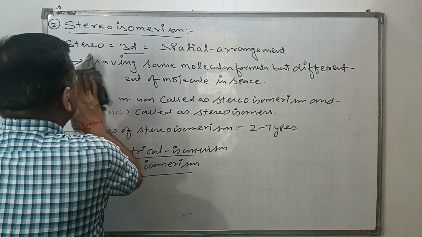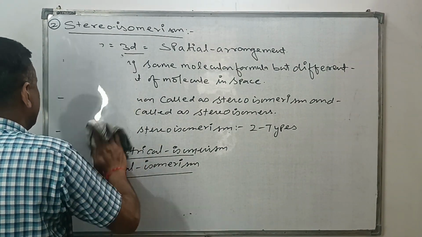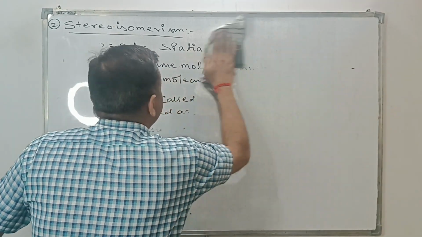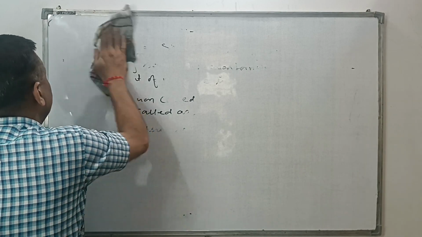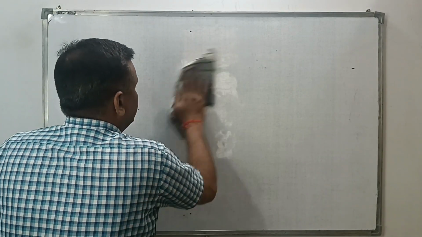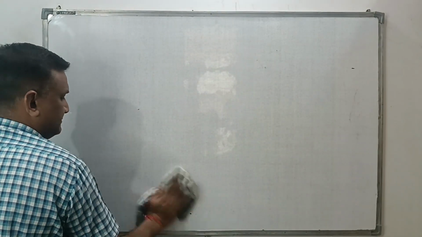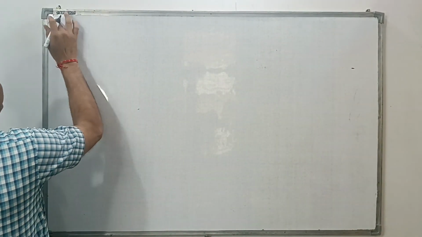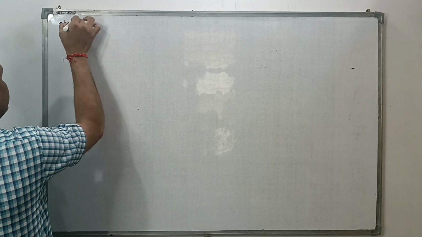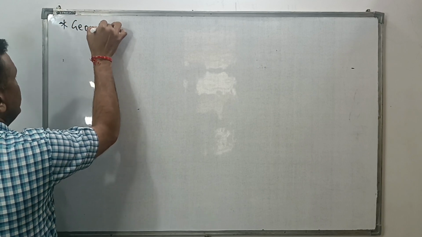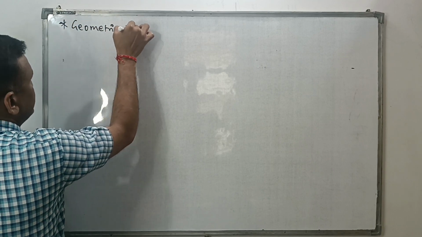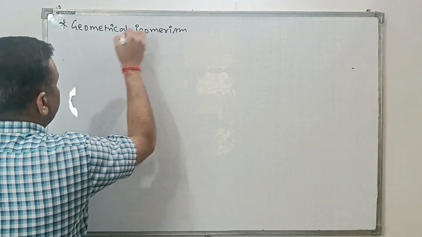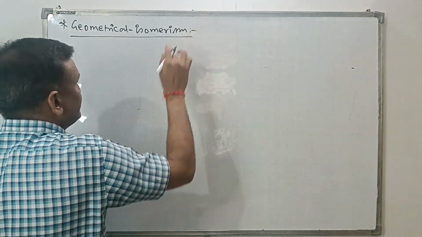So first of all, we will go with geometrical isomerism regarding stereoisomerism. This is the first type, geometrical isomerism.